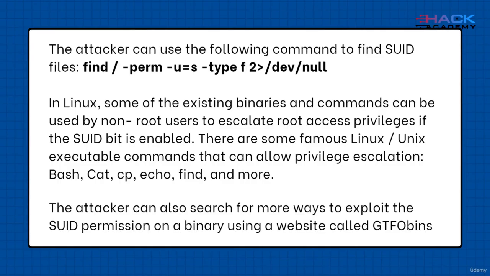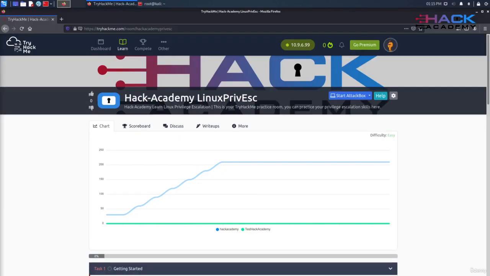These are bash, cat, cp, echo, find, and more. The attacker can also search for more ways to exploit the SUID permission on a binary using a website called GTFOBins.